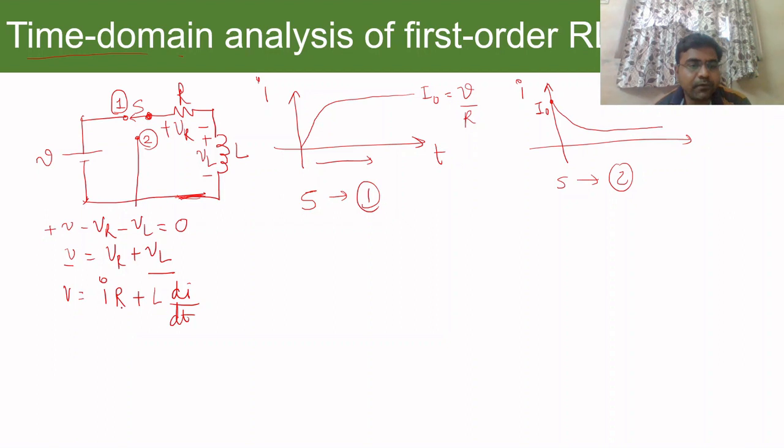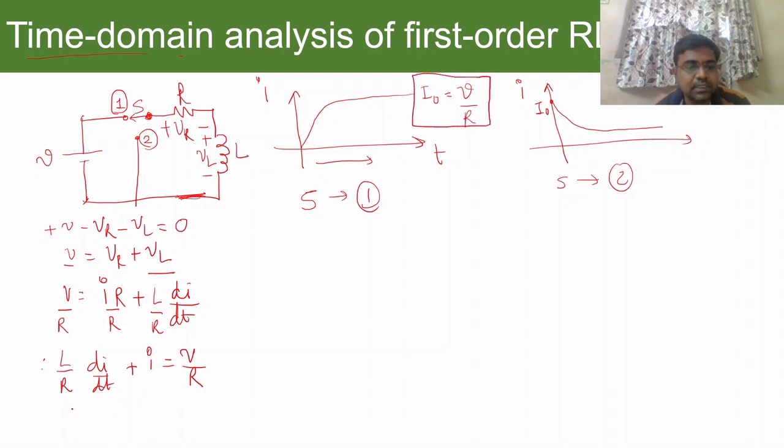Now if we divide this whole equation by R, on all sides, what I will have is L over R di over dt plus I is equal to V over R. And what is V over R? This V over R is the final steady state current.